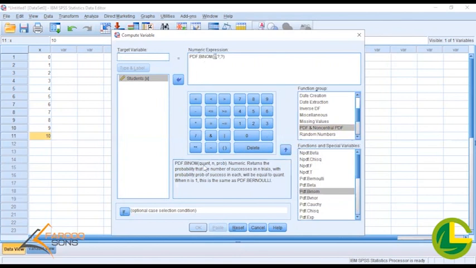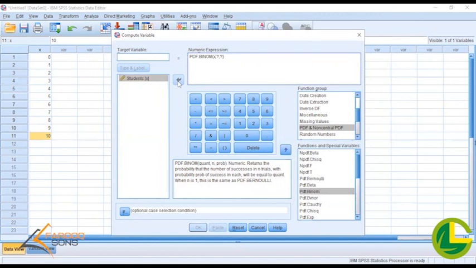PDF quantity. The first question mark is asking what the quantity is. You are basically taking X as the quantity, with 0, 1, 2, 3. So I select students X for the first part. There is no space.